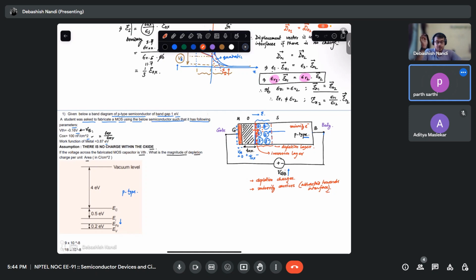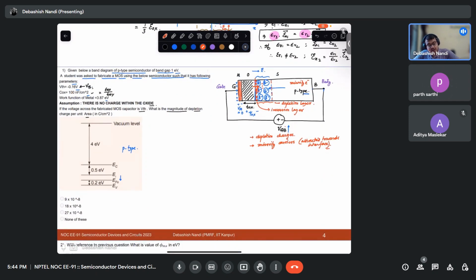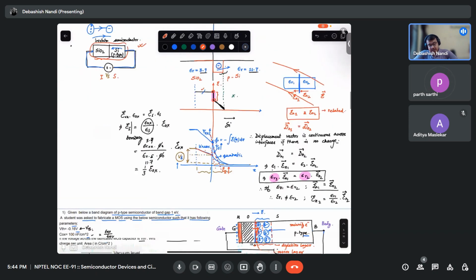So you understood why the entire voltage will not be dropped across this? We did it step by step.